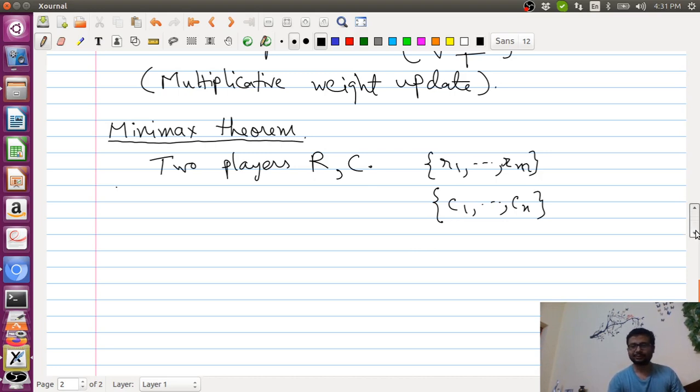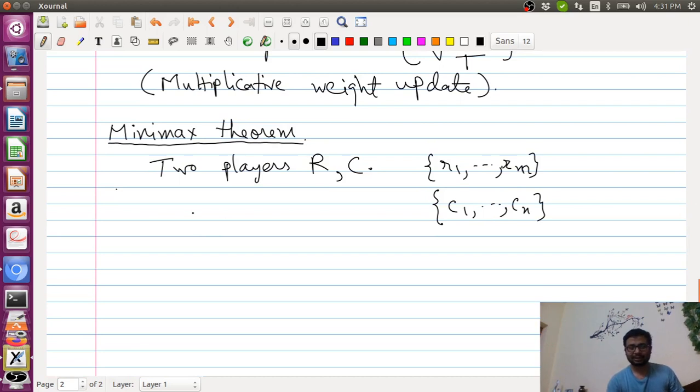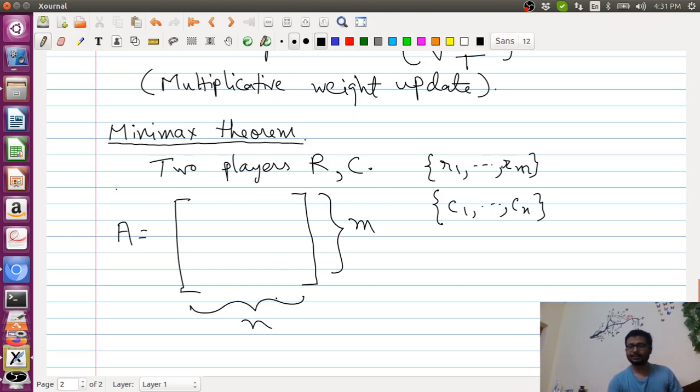Okay, and now there is a matrix, m cross n matrix, call it A. So it has m rows and n columns. So we'll imagine the rows to be indexed by r1 through rm, and the columns to be indexed by c1 through cn.